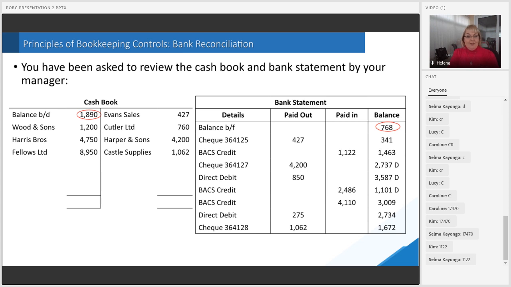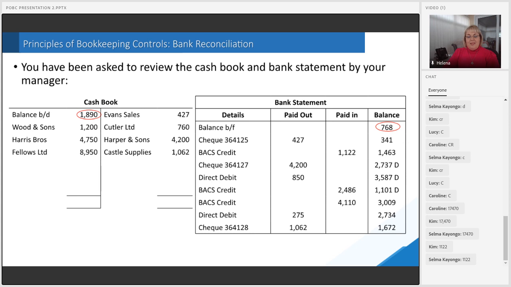It hadn't yet cleared the bank, but it has now, and therefore it's going into the paid in column and it will increase the balance. So when I do step 1, I cross off all 3. And guys, that is a really, really common error people make. They forget step 1. They're so busy trying to highlight the transactions that they can agree. They do forget that first step, and that causes problems later on.